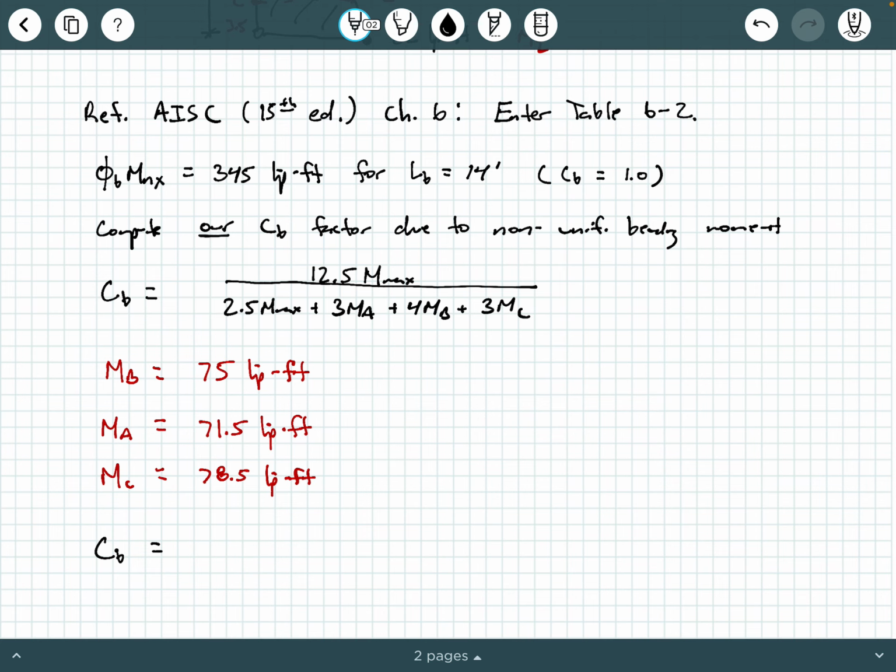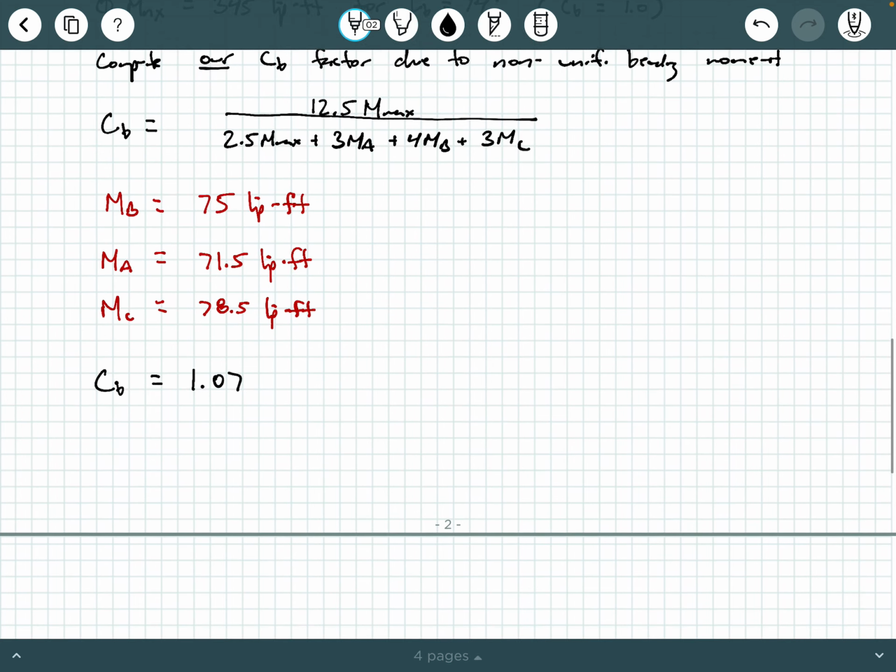Okay, and then 12.5 times 82, and we divide this. So I get a CB factor of 1.07. Punch that through, make sure you get the same thing as me.